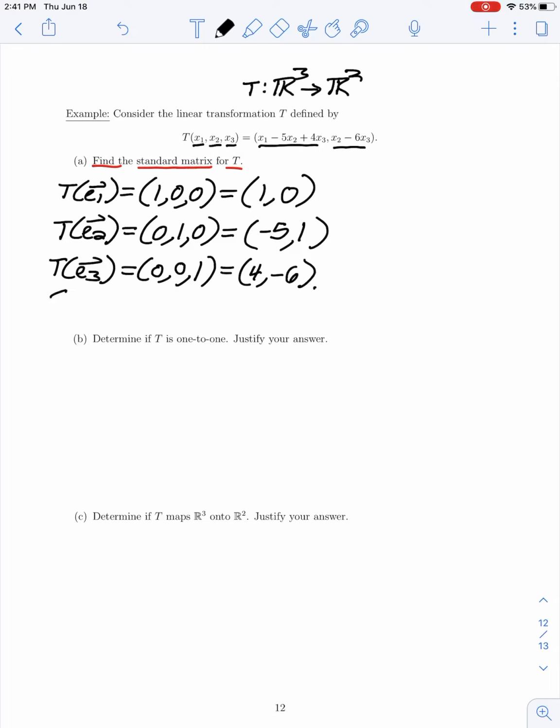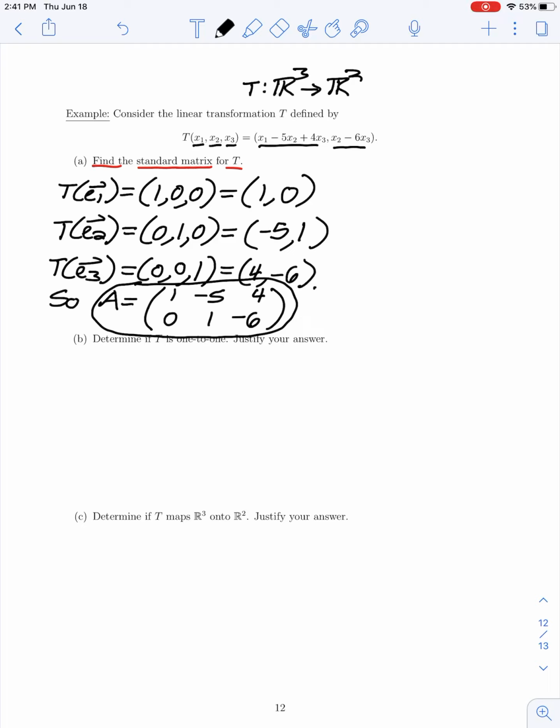So by theorem 10 from this section, the standard matrix for this transformation is the matrix that has these images as its columns. So my first column is 1, 0, second column is -5, 1, and my third column is 4, -6. All right. So this is the standard matrix for that linear transformation.